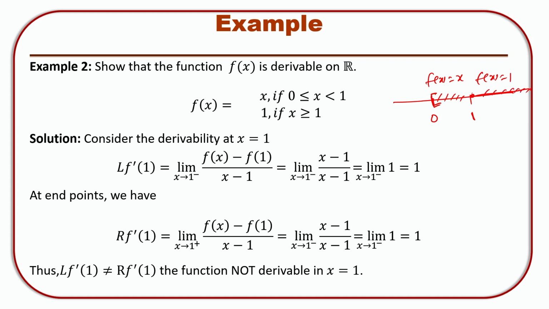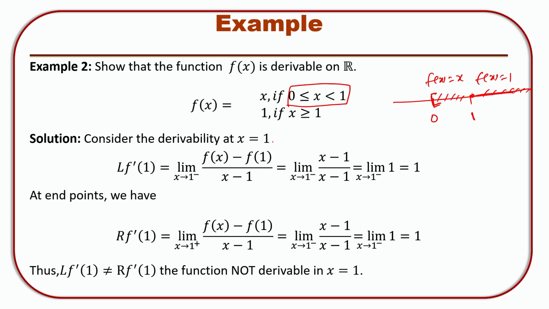Now we have to check whether the function is derivable on the whole real line R. That is the idea. So what are the critical points here? Now look at this. In the first interval where f(x) equals x, it does not contain the end point 1, but in the second one, 1 is contained, right? So firstly we have to check derivability at x equal to 1. That means the idea is to check at the critical points first.